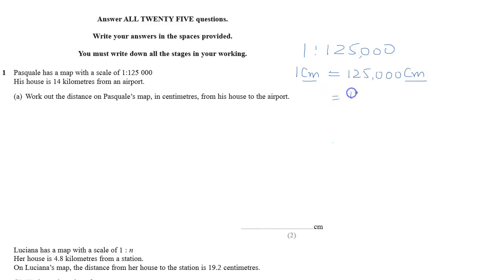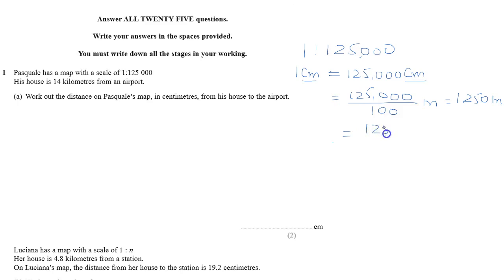So that is 125,000 divided by 100. This is meter. So that is 1,250 meters. And we convert this meter into kilometers.